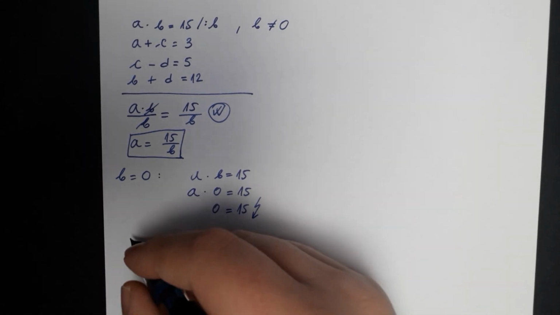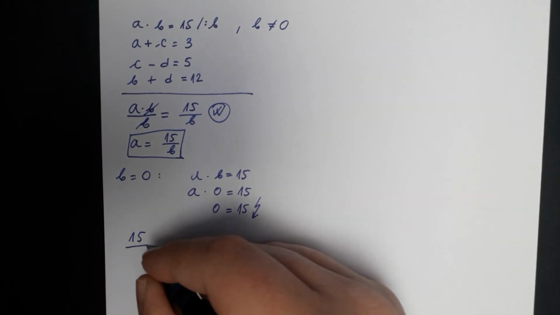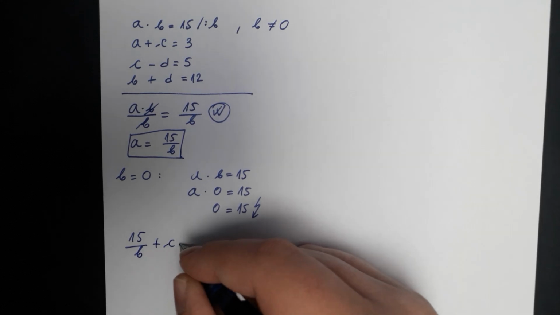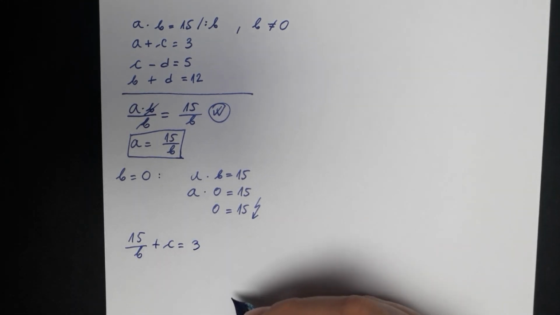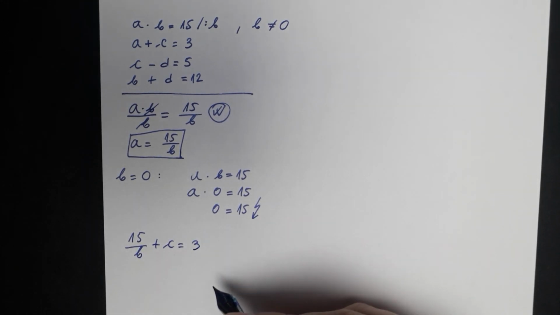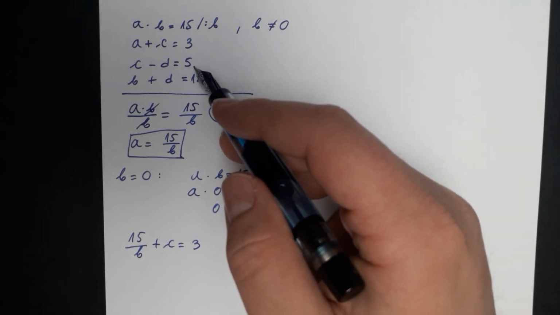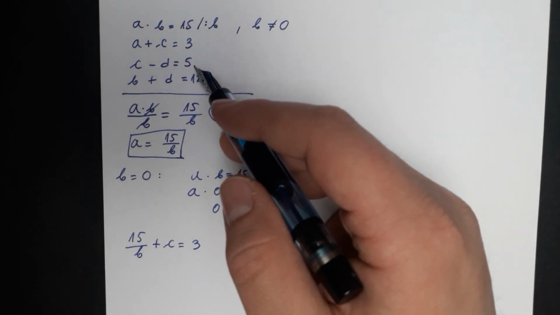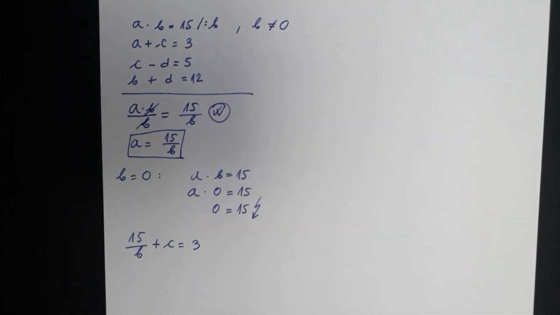When we do this, the second equation becomes 15 over B plus C is equal to 3. What we now have to do is solve this equation for C, because then we can insert the value which we got for C into the third equation, and after that we can continue with this process which we have started.